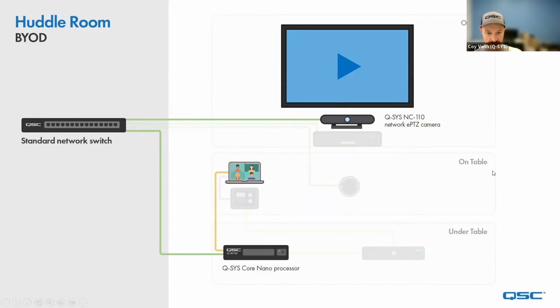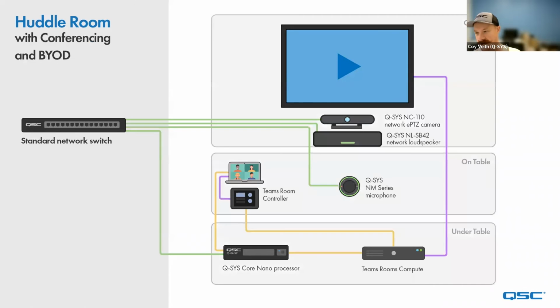And some of y'all may or may not know this. If you haven't seen, I'll show this whole design so you can see all the connections there. Our Core Nano actually has two USB ports on it. It's got a USB-C and it's got a USB-B. Those two can be used to drive separate USB bridging devices with the caveat that they are not controllable.